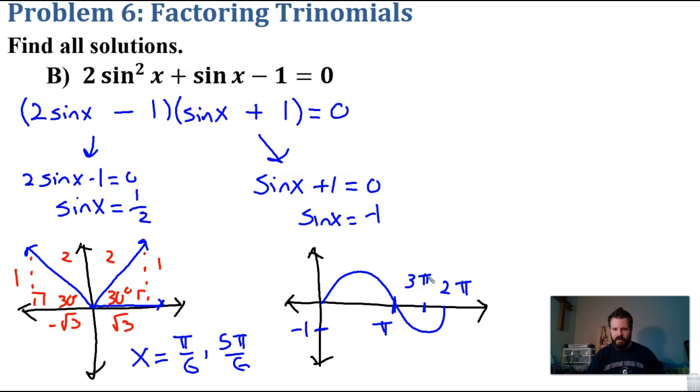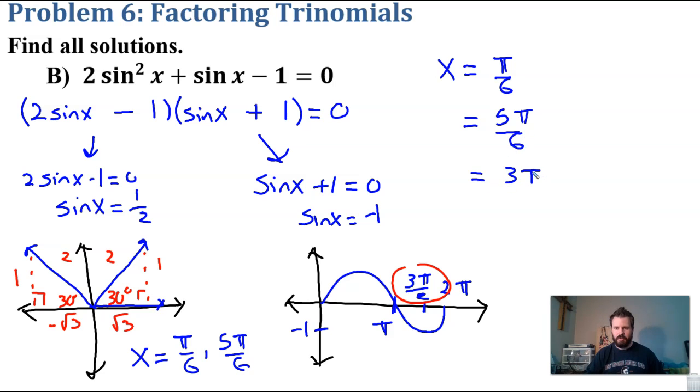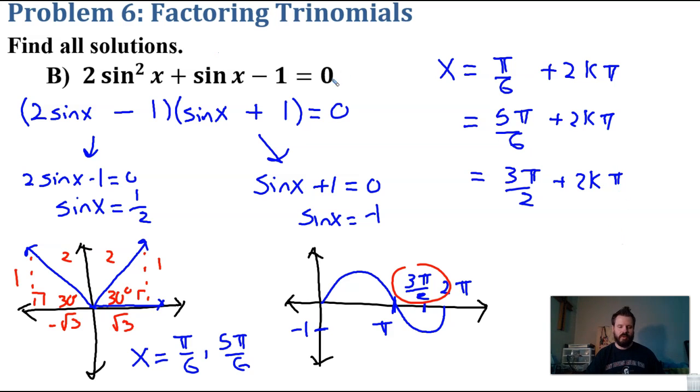So 3 pi over 2 would be halfway between those. That's going to be where it hits that -1. All right, we can put all those together. X is equal to pi over 6, 5 pi over 6, and 3 pi over 2. I suppose we can say plus 2k pi for each of those, because we're looking for all solutions.